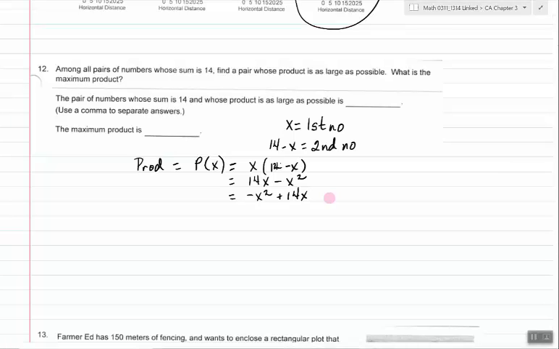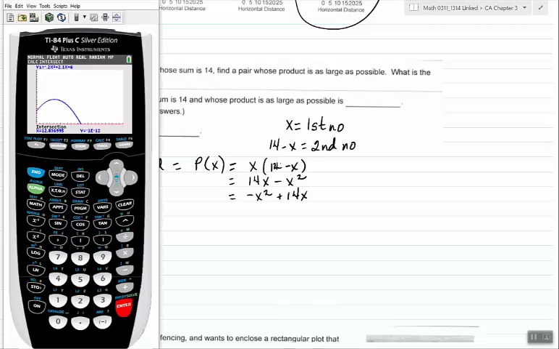All right, it wants to know two things, the pair of numbers. Well, believe it or not, let's go to the y equals. Let's clear this out. Put in negative variable x squared plus 14x, and just do a zoom 6.